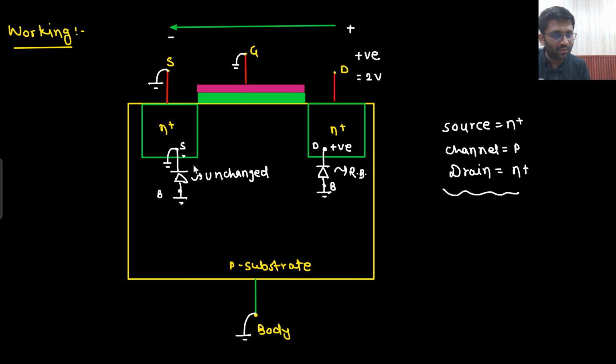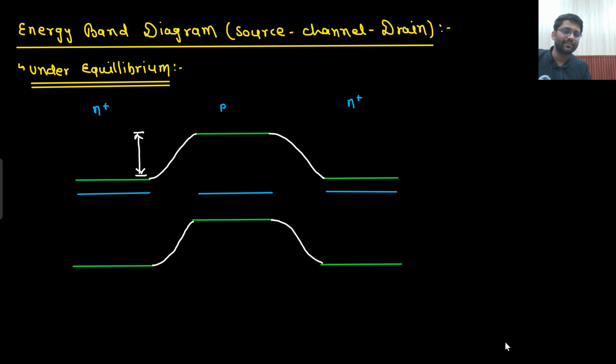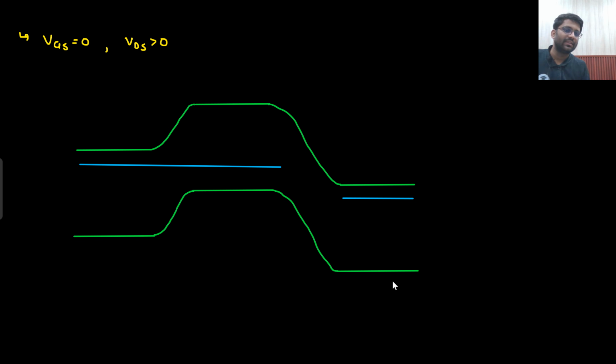Under equilibrium also this was the condition, and when you applied VDS, this is still the condition. This remains unchanged, but this barrier has increased. There is no doubt about it. So here I will write down unchanged.